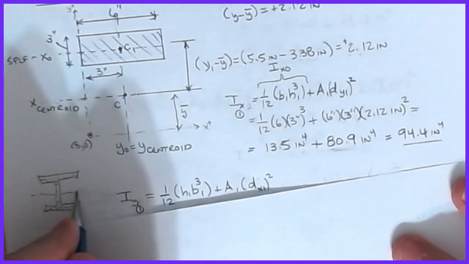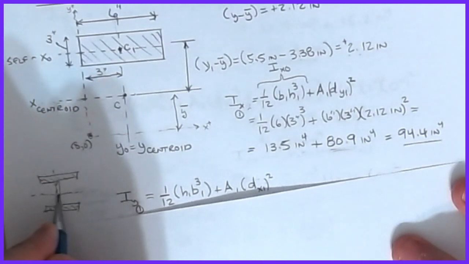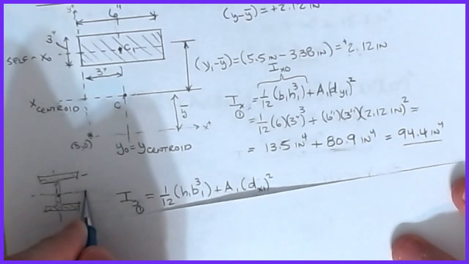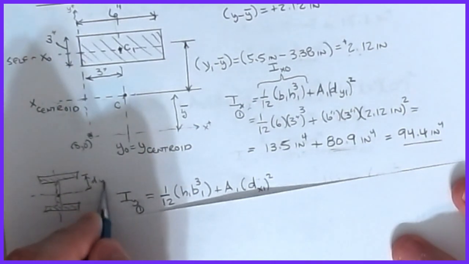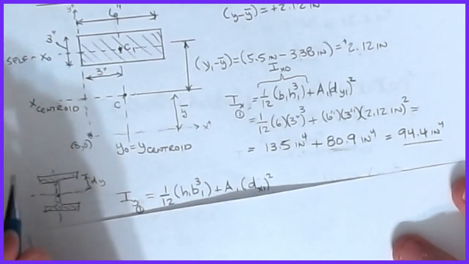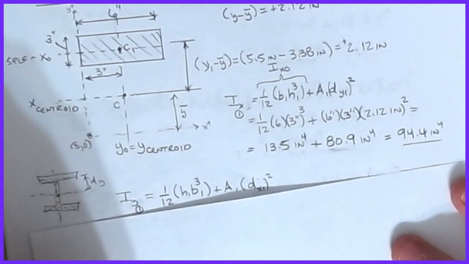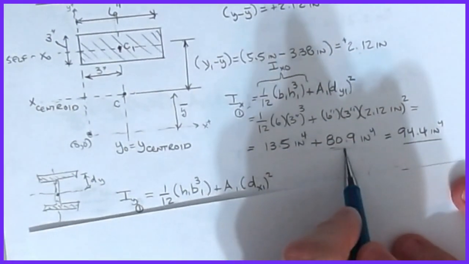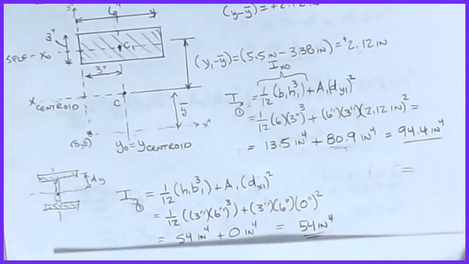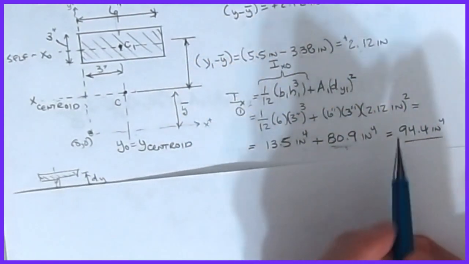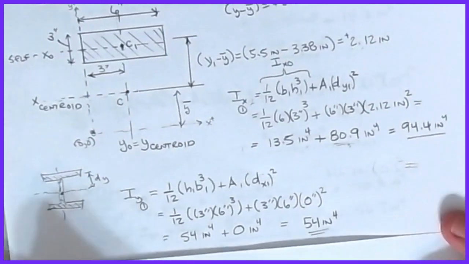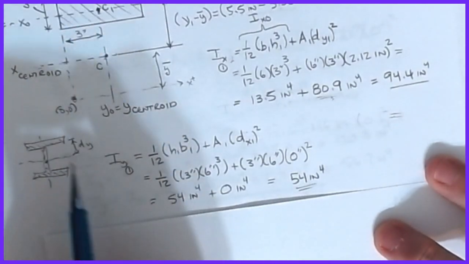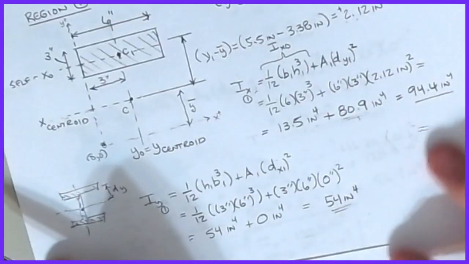The centroid of this shape is located here, but I'm picking up a huge value of dy for the flanges. The flanges are contributing a ton to that moment of inertia. So if I do the math on that, that's 94.4 inches to the 4th. Now I1, same game, except now we're going about the y-axis.